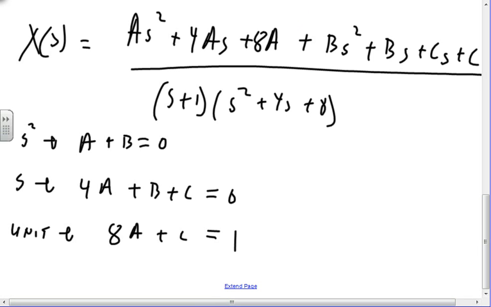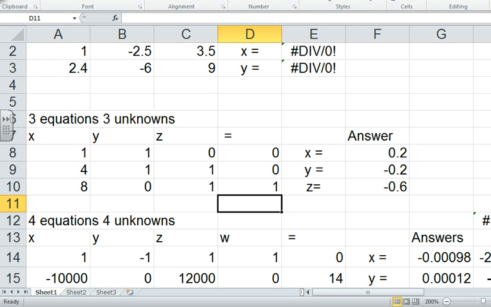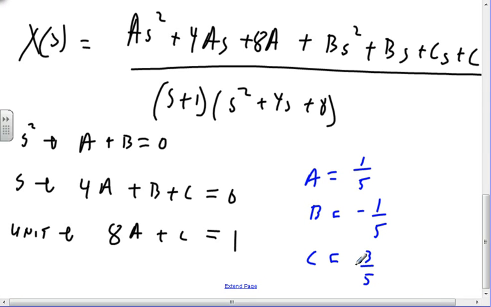So A is 1/5, B is minus 1/5, and C is 3/5. Was it 3/5 with or without a minus sign? With a minus sign. Yeah, minus 3/5.